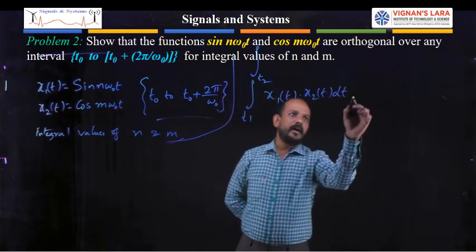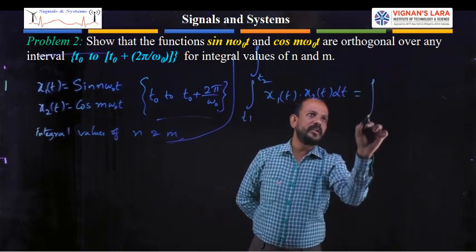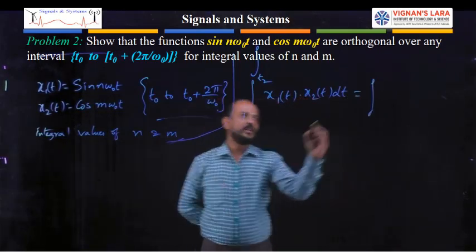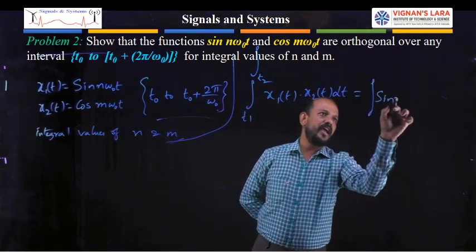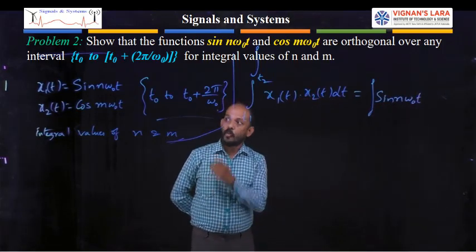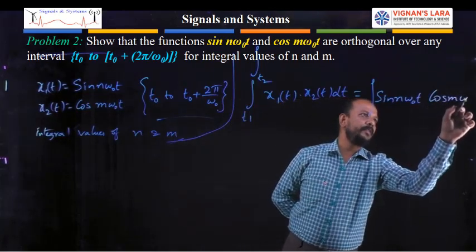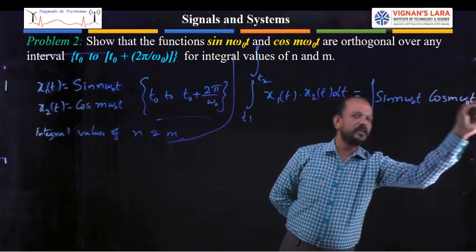According to the given problem, this will be equal to the integral of x1 of t, which is sine n omega naught t, and x2 of t, which is cos m omega naught t, dt.